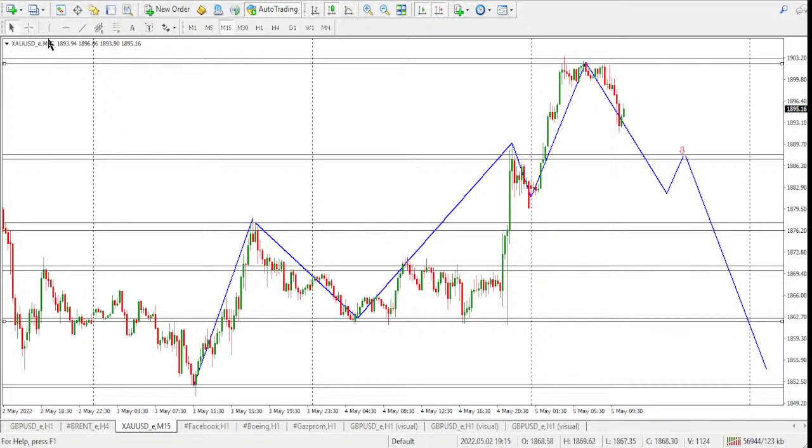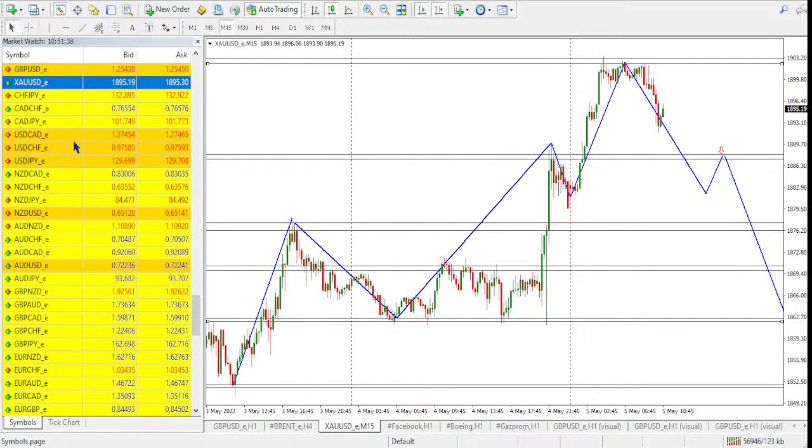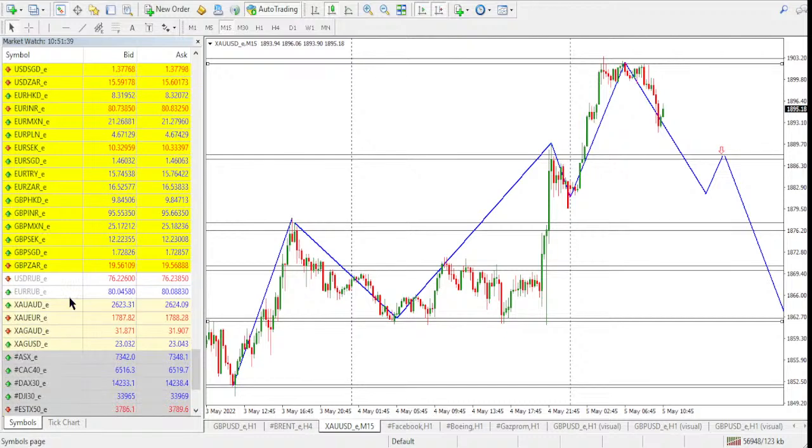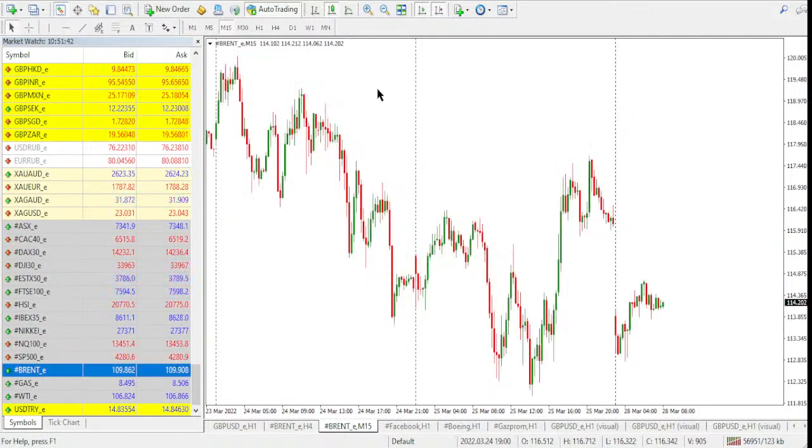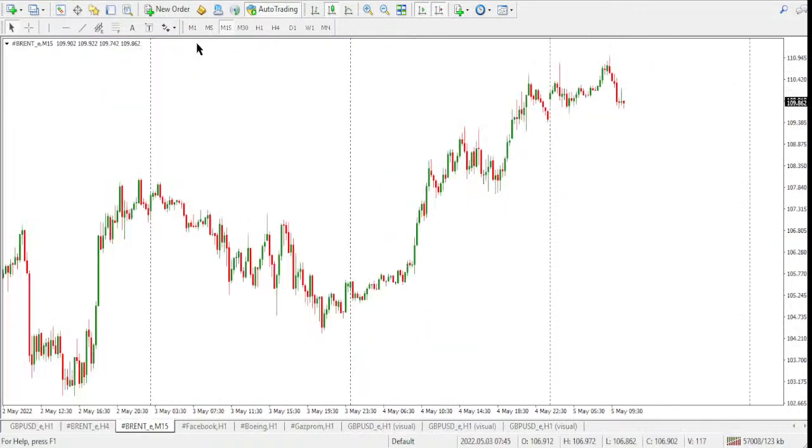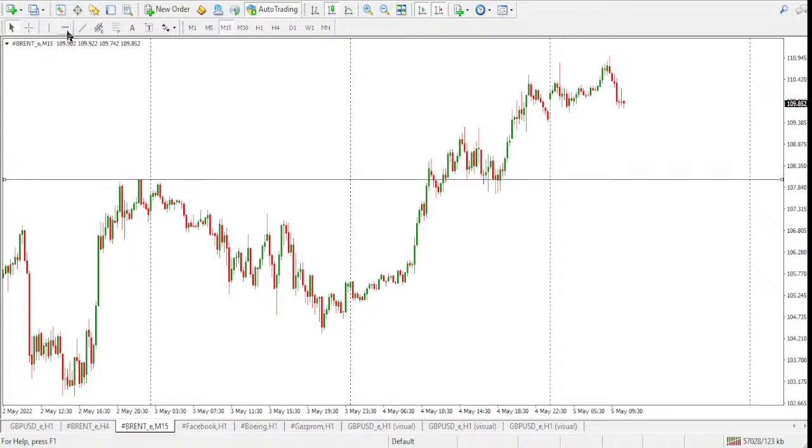So the next instrument which I'd like us to have a look at is Brent oil. With Brent oil, so far it looks like the price is in an uptrend. We have a resistance level. This is the first level I'm looking at. We had a resistance, a resistance, a resistance.